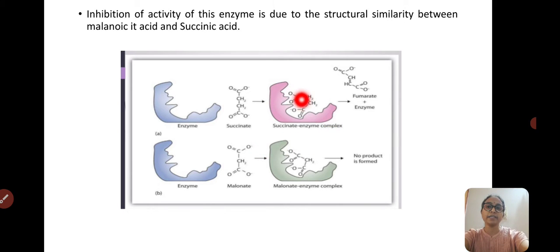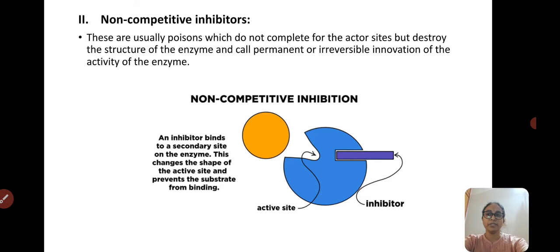The active site of the succinic dehydrogenase has to fit in the substrate succinate, but before succinate, if malonic acid comes and binds to that particular active site, since it is structurally similar to the succinate, the substrate molecule, then the enzyme inhibitor complex forms in place of enzyme substrate complex, and no product is obtained. Okay, this is a very important example for the competitive inhibition type.